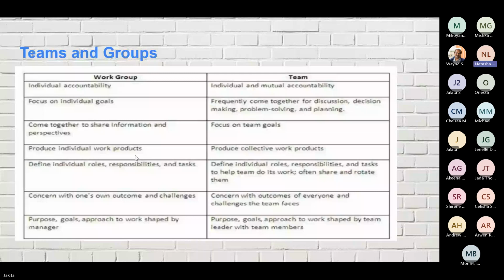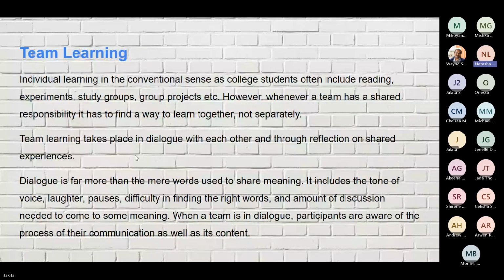The work group is concerned with one's own outcome and challenges, while the team is concerned with the outcomes of everyone and challenges the team faces. And lastly, the purpose, goals, and approach to work are shaped by the manager in the work group, whereas in the team they are shaped by the team leader with team members. Let's move on to the next aspect of the chapter, which deals with team learning.